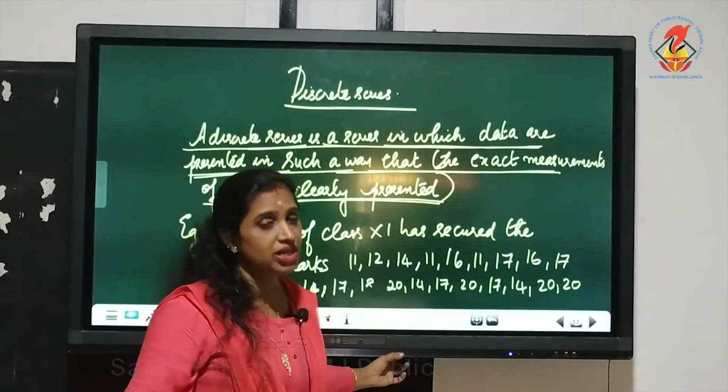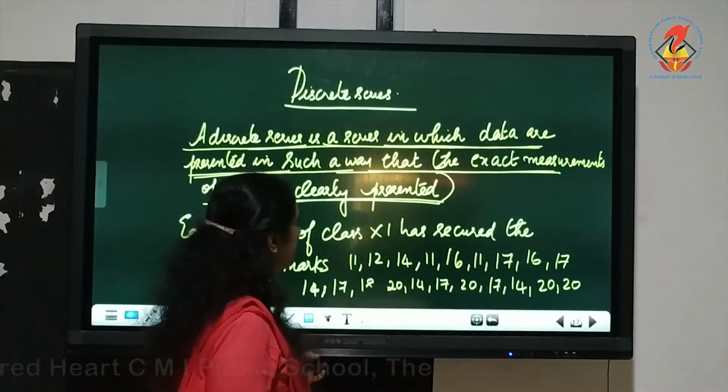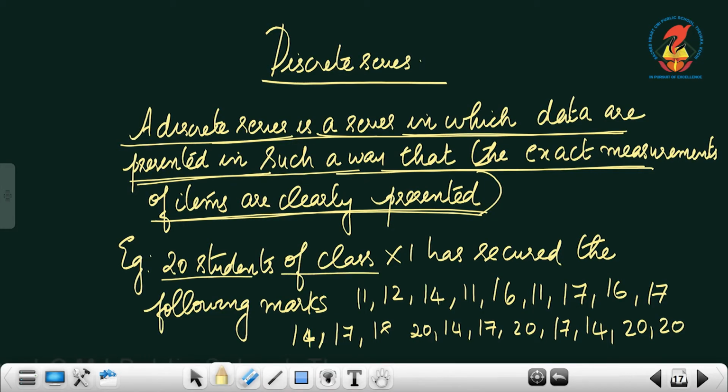With an example, it will be clear to you definitely. Example: 20 students of class 11 have secured the following marks: 11, 12, 14, 11, 16, 11, 17, 16, 17, and so on.